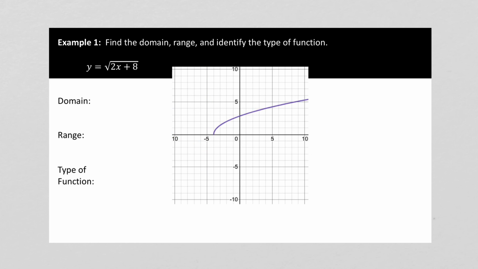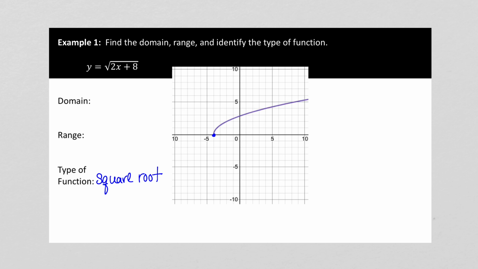And let's look at one more. So this is a square root function. The square root of 2x plus 8. The domain, it's starting at negative 4, it looks like. And is negative 4 included? Well, let's think about that.